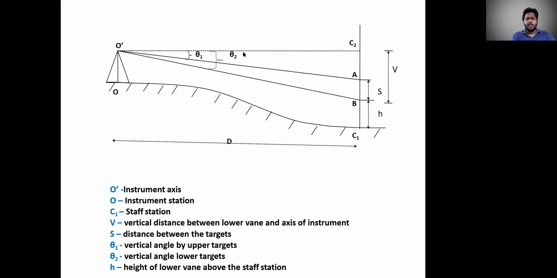You know theta 1 and theta 2, the upper angle and lower angle. When we arise this type of situation, what formulas we need to use, that is more important. Okay, now we'll see what we'll use.